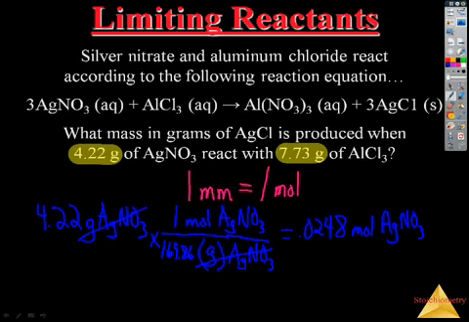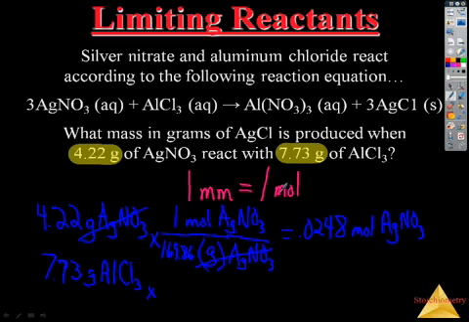7.73 grams of aluminum chloride. Write down what you know, and multiply it by a conversion factor with the molar mass on the bottom and moles on top.